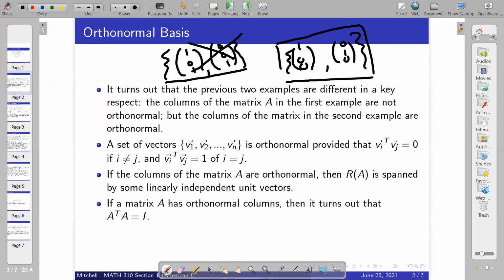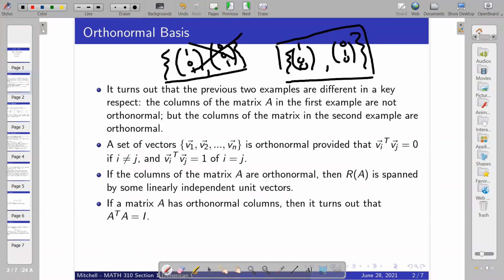If the columns of a matrix A are orthonormal, then R(A) is spanned by some linearly independent unit vectors. So basically, if you have a set of n vectors, and it happens to be that those vectors are orthonormal, if you arrange those vectors in a matrix A where they're the columns of matrix A, then those vectors that are in the columns of A are linearly independent. They form a spanning set for R(A).